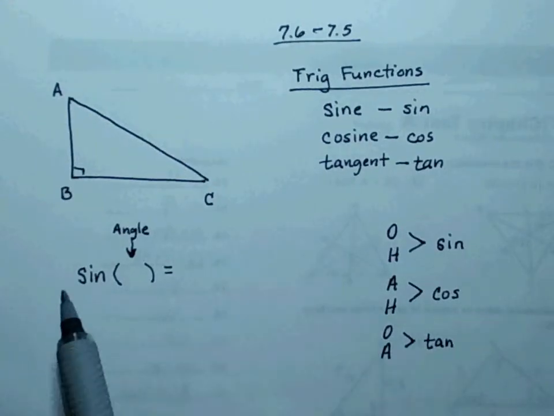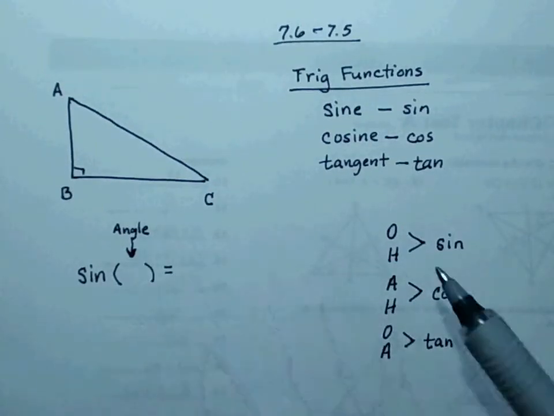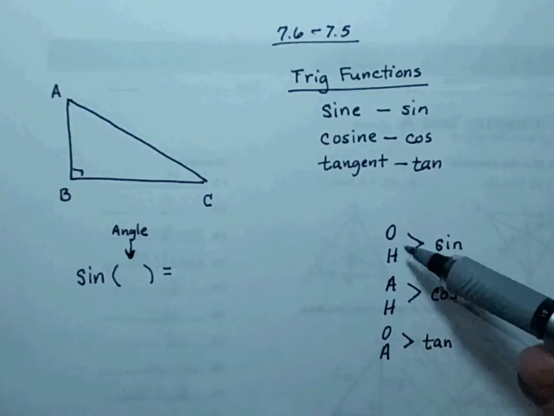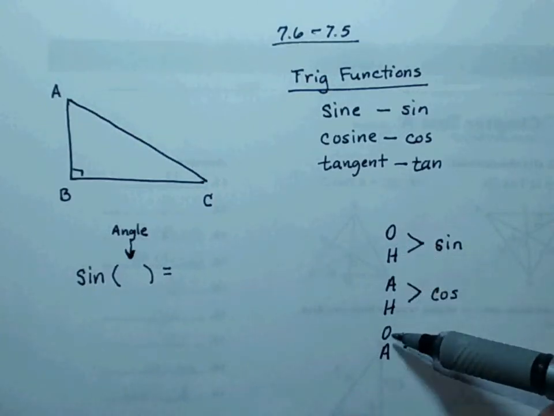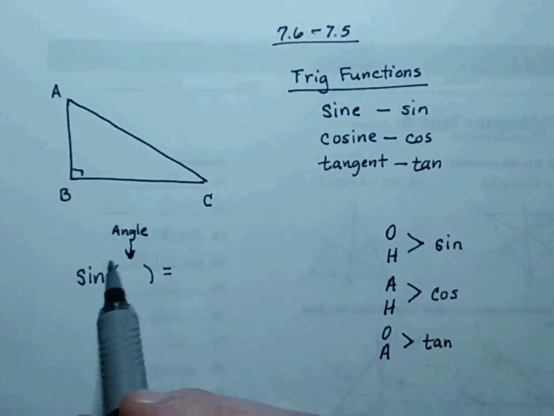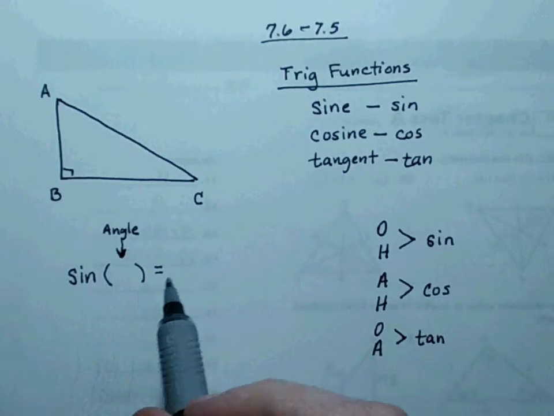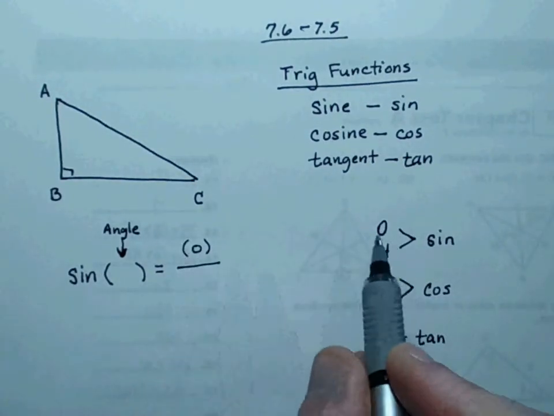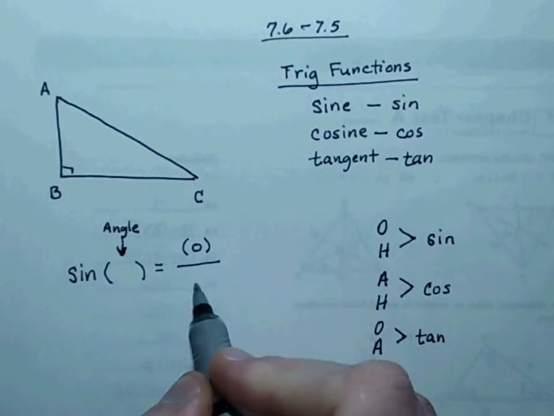So sine of the angle equals, now if you look at these, OH, AH, OA, they stand for opposite over hypotenuse, adjacent over hypotenuse, opposite over adjacent. And what they mean is that sine of whatever angle we're taking, sine of that angle is the opposite side over the hypotenuse.